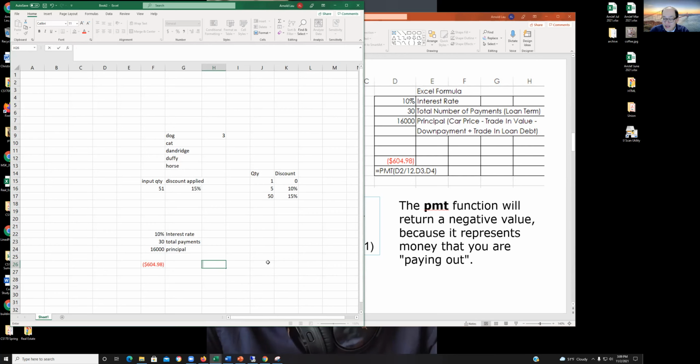Part of your payment is going toward your principal, and part of your payment is going toward your interest. So this will help you figure that out. There's also PPMT, which returns the principal part of the payment. So you can split up your payment into your interest payment and your principal payment.